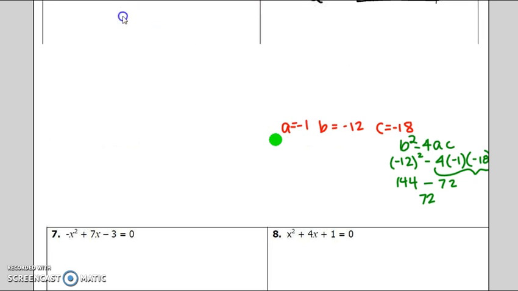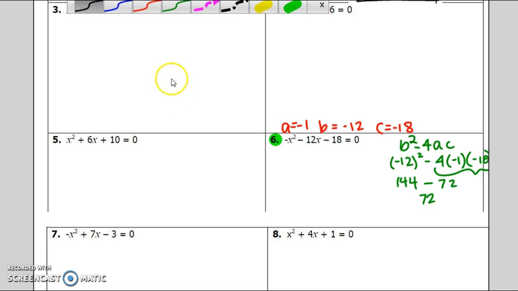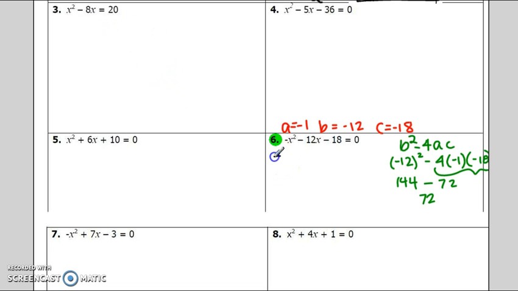So we have, whoopsie, negative b plus or minus the square root of 72 all over 2a. So negative b is going to be a double negative, which changes that to a positive 12, plus or minus the square root of 72 all over 2 times negative 1.